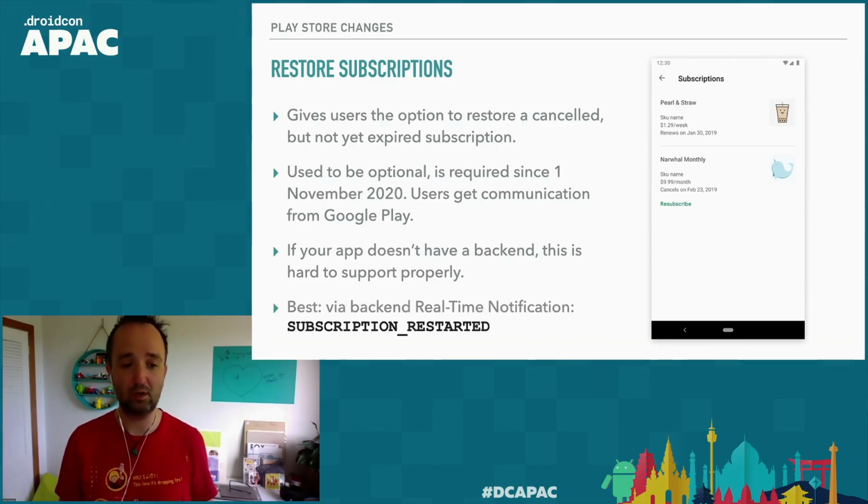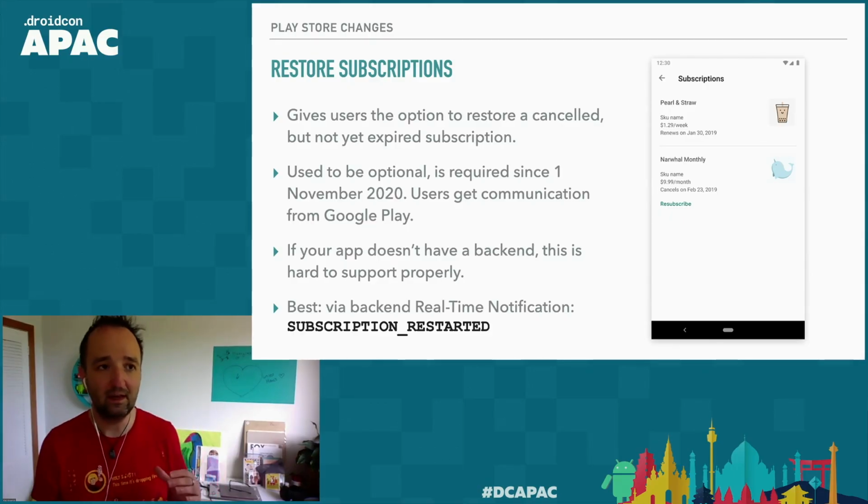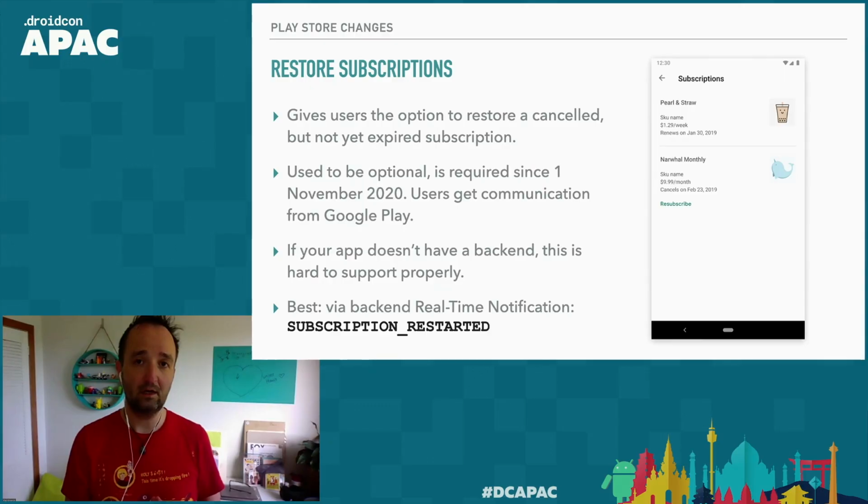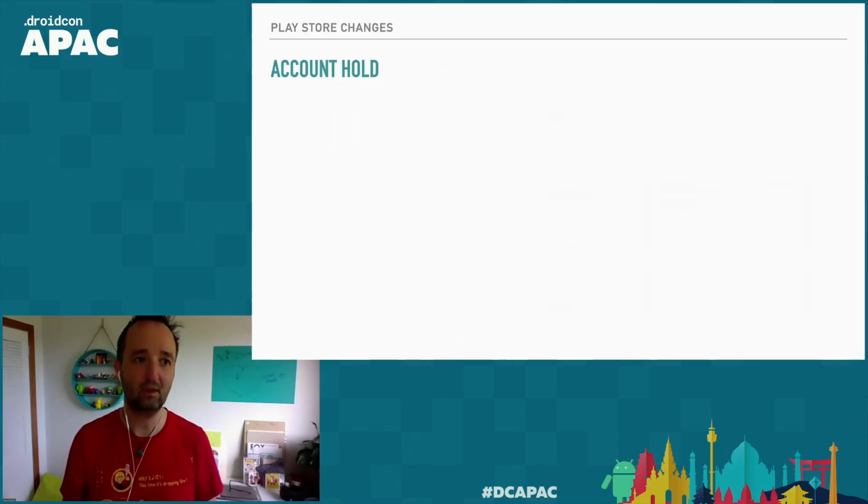The best way to do it is with a real-time notification called subscription restarted, because then that tells your backend, oh, that user is coming back. And now you need to enable all the features again to support whatever that user has purchased. In general, you'll find that if you don't have your own backend, if you are in that mindset, I just have an app, I don't need a backend at all, you will struggle with a lot of the new subscription features to support them properly.